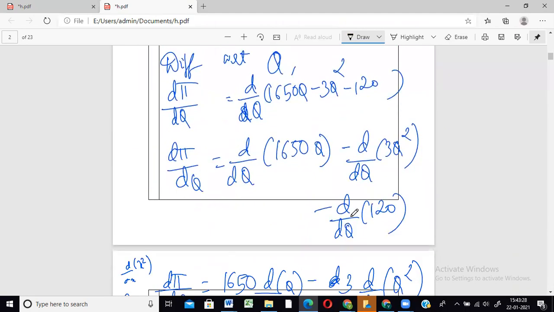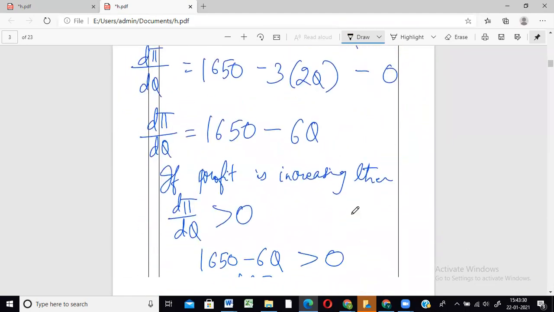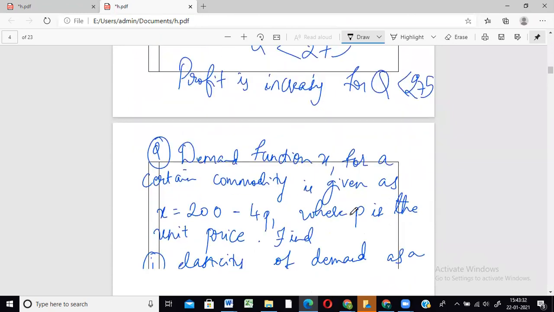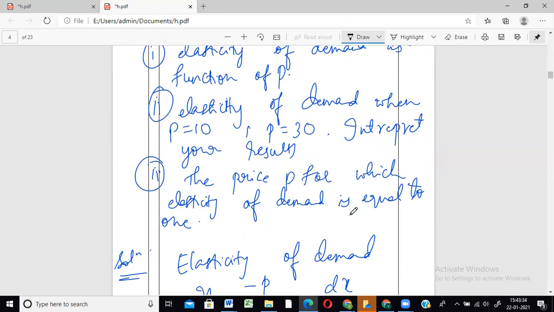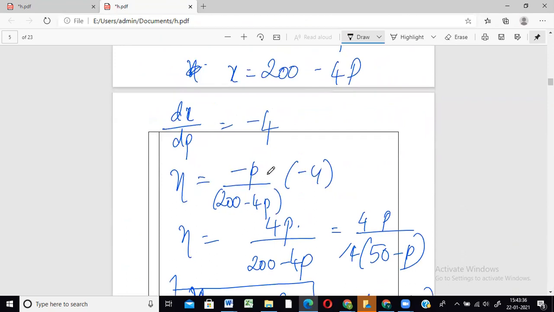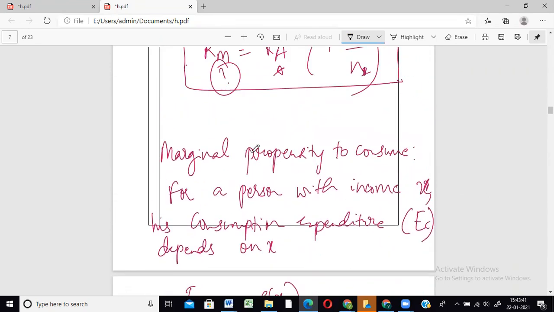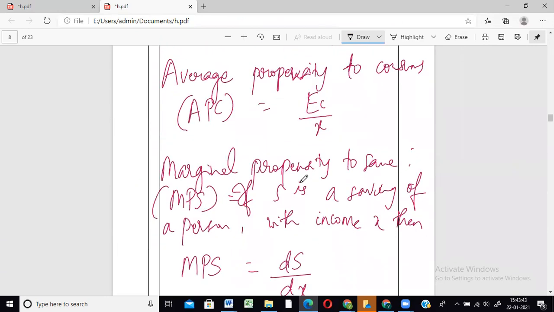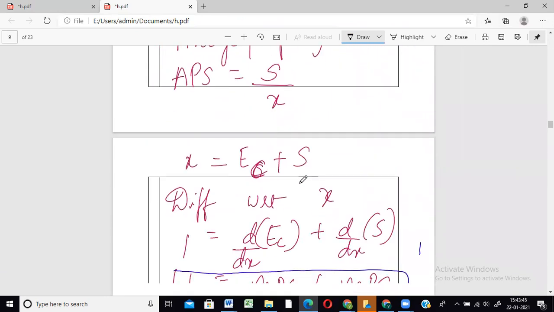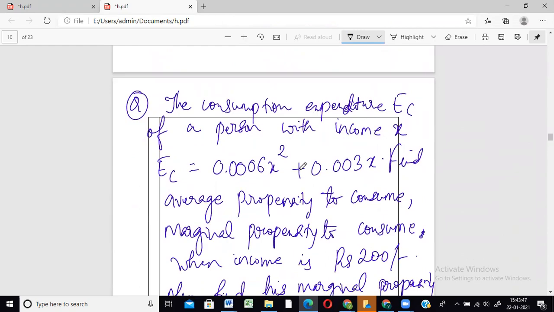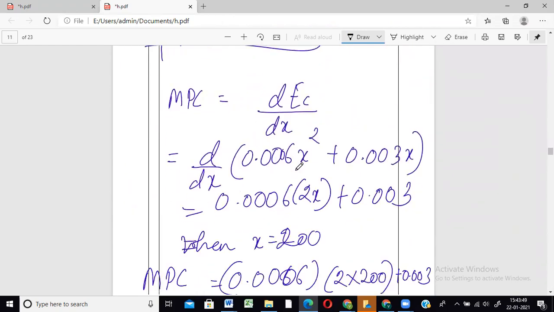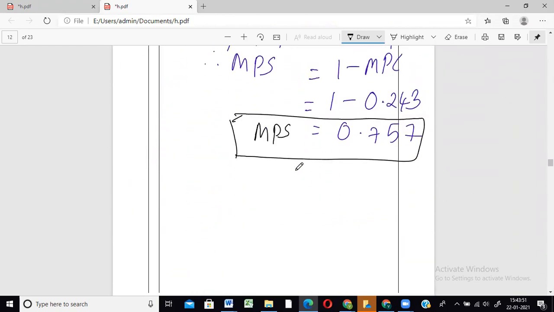Then last time again we saw what the different types are, and what it means if the values of elasticity of demand come out different. And then here also we solved a few problems on that. Then we came to marginal propensity to consume, to save, and the average ones also. So with the help of all these formulas, you can easily find out. Just do those 3, 4, 5 problems thoroughly. Now I think we can do some extra problems.